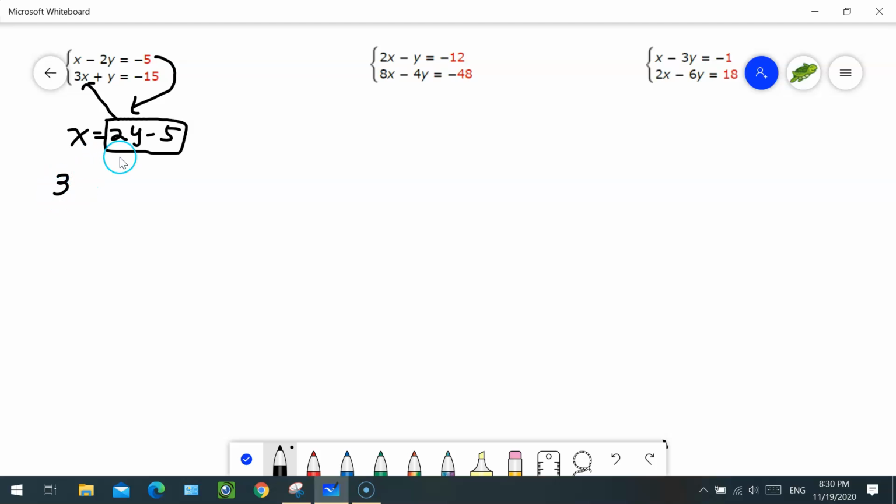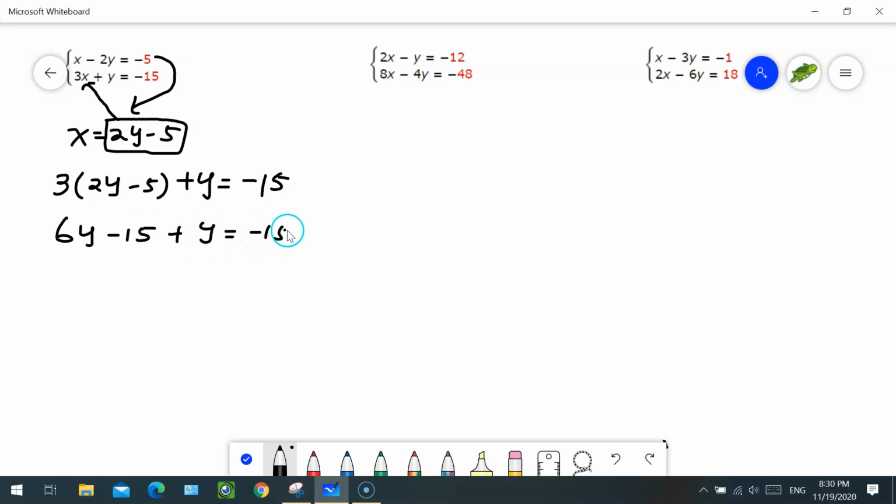So I substitute 2y minus 5 into the x part, giving 2y minus 5 plus y equals -15. Now you can see x is no longer there. You only have y, so we can solve for y. We have 6y minus 15 plus y equals -15. Combine the y terms, you get 7y. The -15 goes to the right and turns to 0. So it gives us y equals 0.